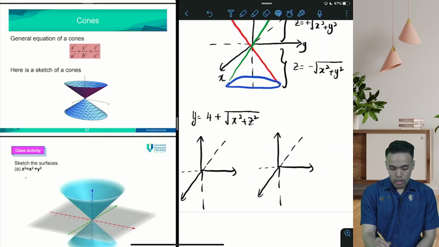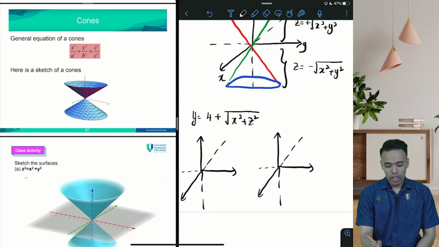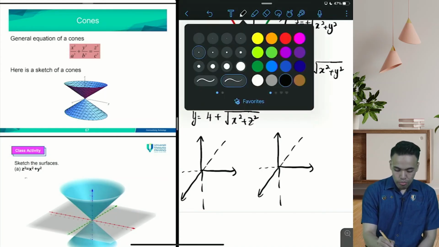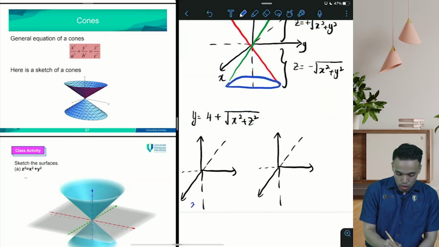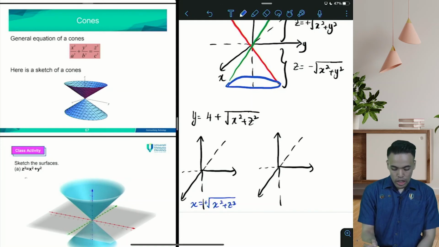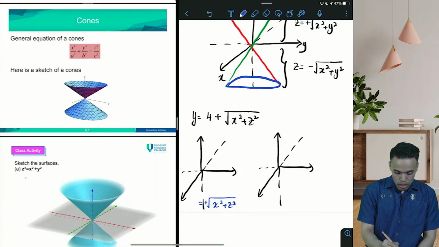Let's observe the transformation. Okay, so right now, for y is equal to positive square root of x squared plus z squared, it will give you not x but y.